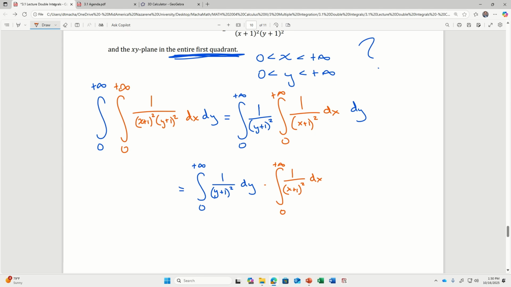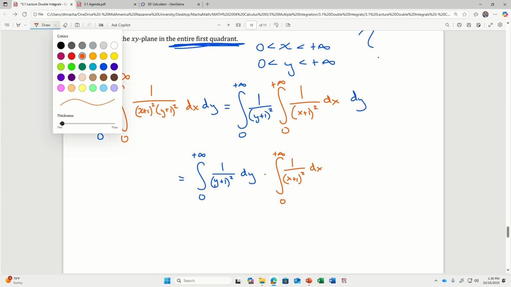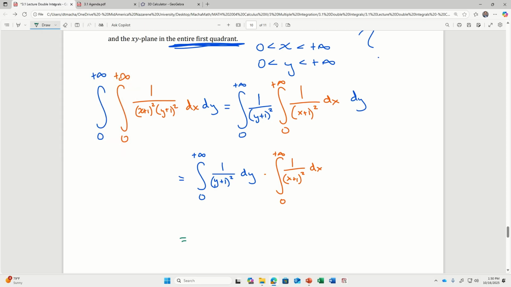And you might even be smart enough to realize, hey, even though those look different, that's really the same integral. I'm just using a different symbol to represent my variable of integration. So we don't have time to finish the problem, but at least we've boiled it down to just a calculus 1 kind of problem where you do a single integral.